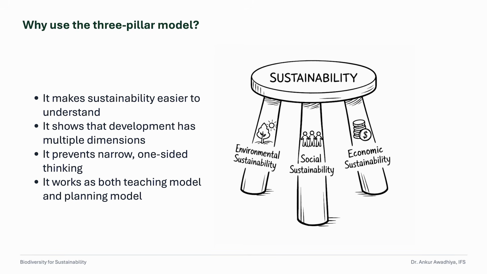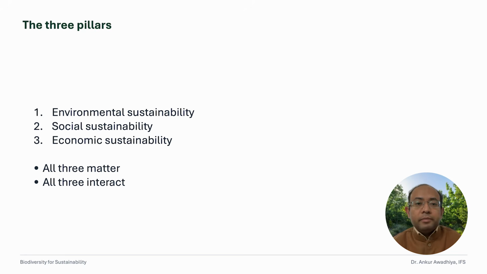The model reminds us that development has multiple dimensions. It prevents narrow thinking, where we focus only on money, or only on ecology, or only on immediate social benefit. It is helpful both as a teaching model as well as a planning model.